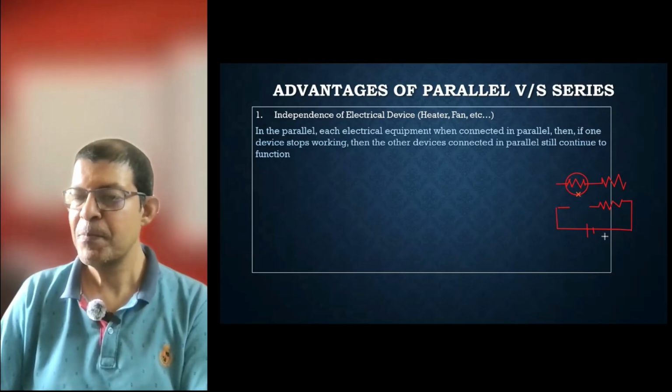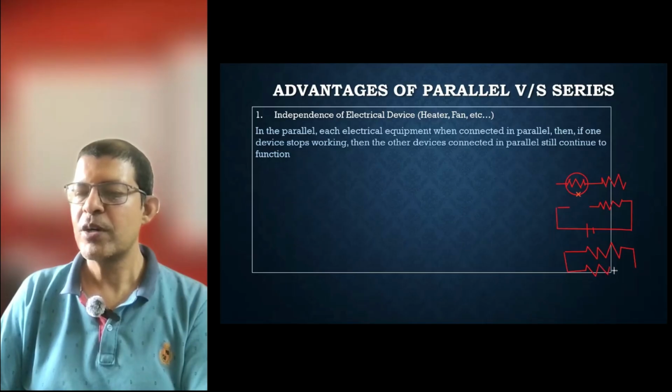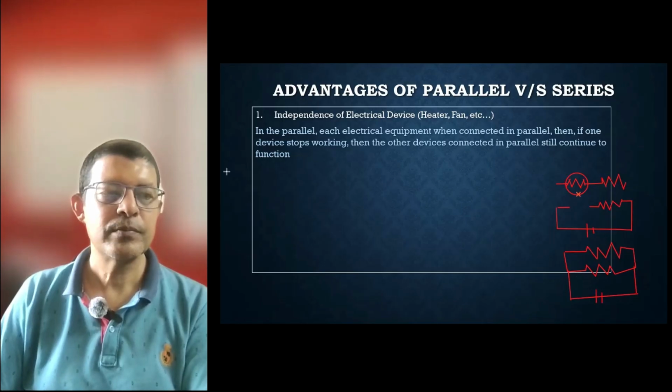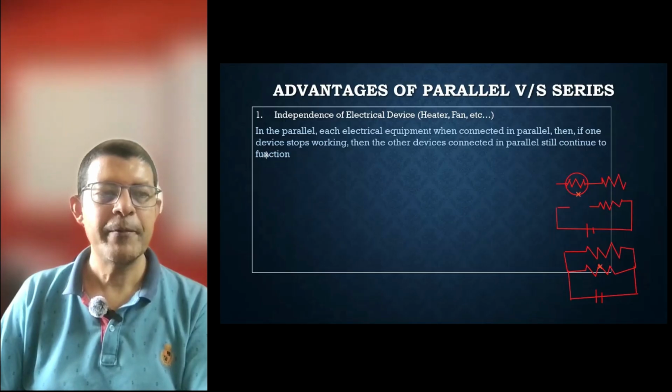But in a parallel connection, even if one resistance breaks, or one device or appliance stops working, then the other appliance will still continue to work. Just to illustrate, this is a battery here, and if this circuit breaks now, what will happen?